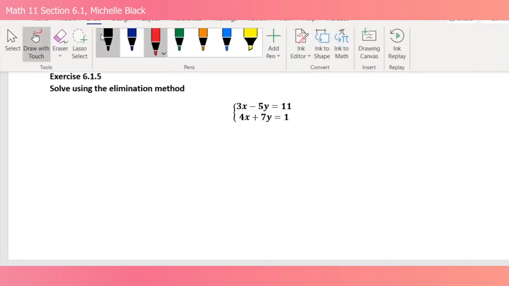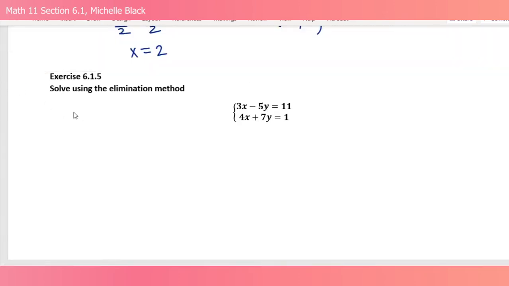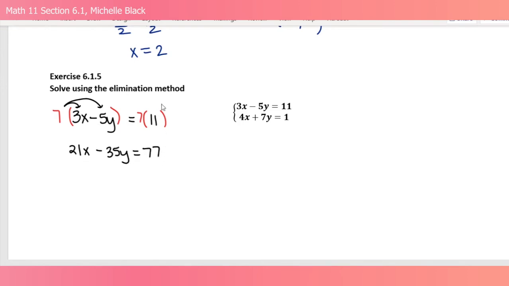And I can do that by multiplying my top equation by 7, and you want to multiply both sides. So if we multiply this through, we get back the equation 21x minus 35y equals 77.